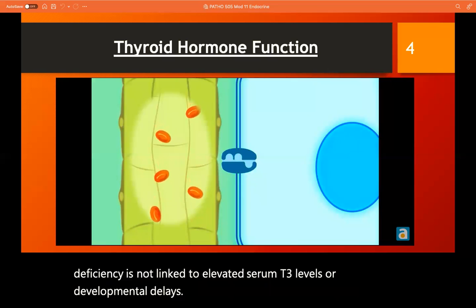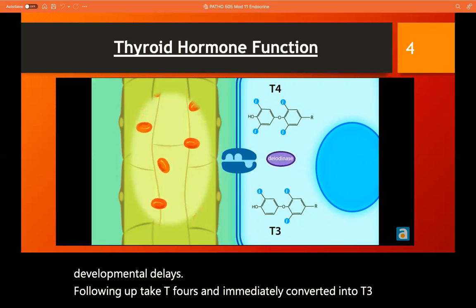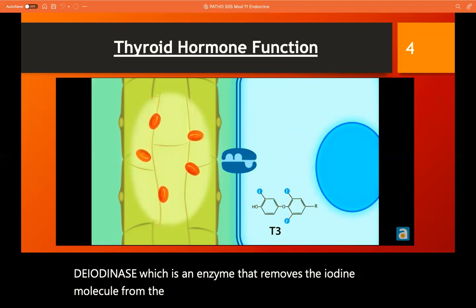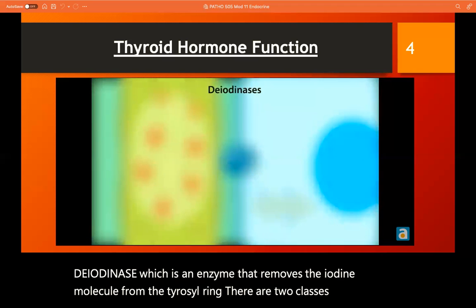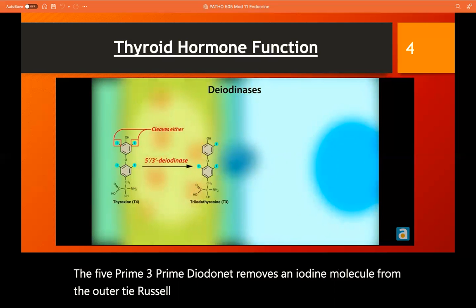Following uptake, T4 is immediately converted into T3 by deiodinase, which is an enzyme that removes the iodine molecule from the tyrosyl ring. There are two classes of iodinases. The 5' 3' deiodinase removes an iodine molecule from the outer tyrosyl ring and produces T3.